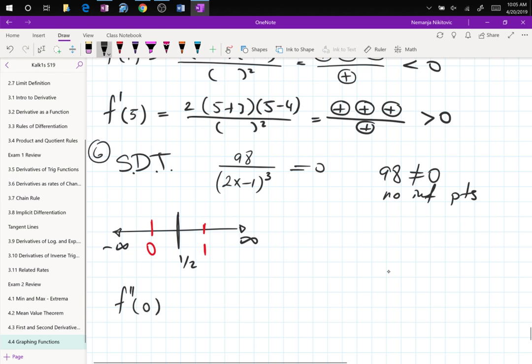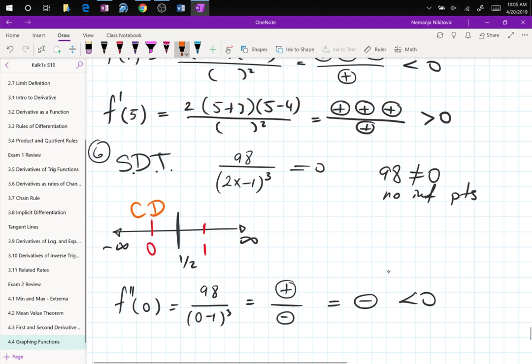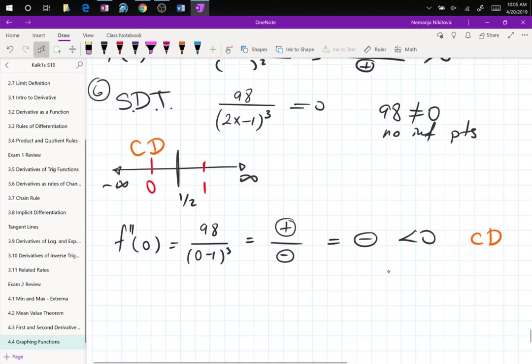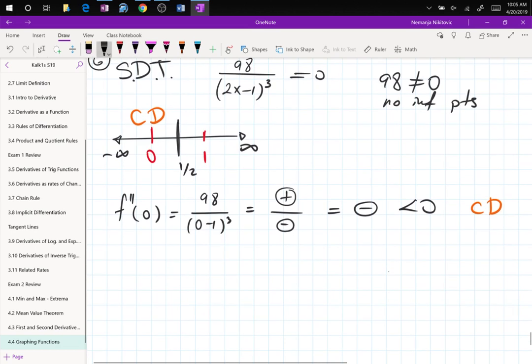Second derivative at 0 is 98 divided by (0 minus 1) cubed. Cube preserves the sign. So this is going to be a positive divided by a negative, which is a negative, which is less than 0, which is concave down. So concave down, so -3 better be max. Yes, finally. Second derivative computed at 1.